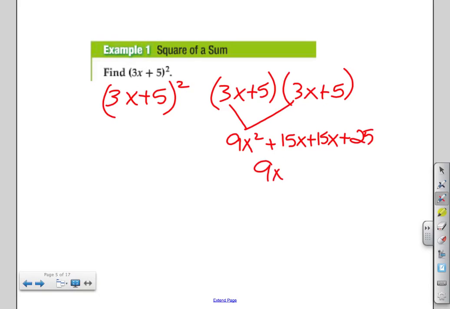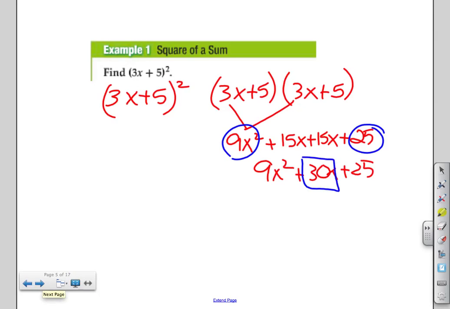So our final product is 9x squared plus 30x plus 25. So you can see that we've squared the first terms, squared the last terms, and this middle term is twice the product of the a and b together.